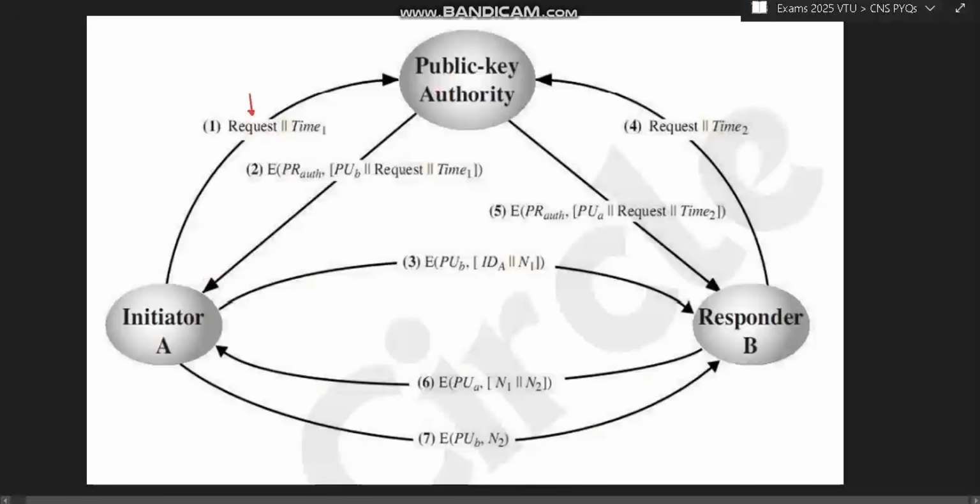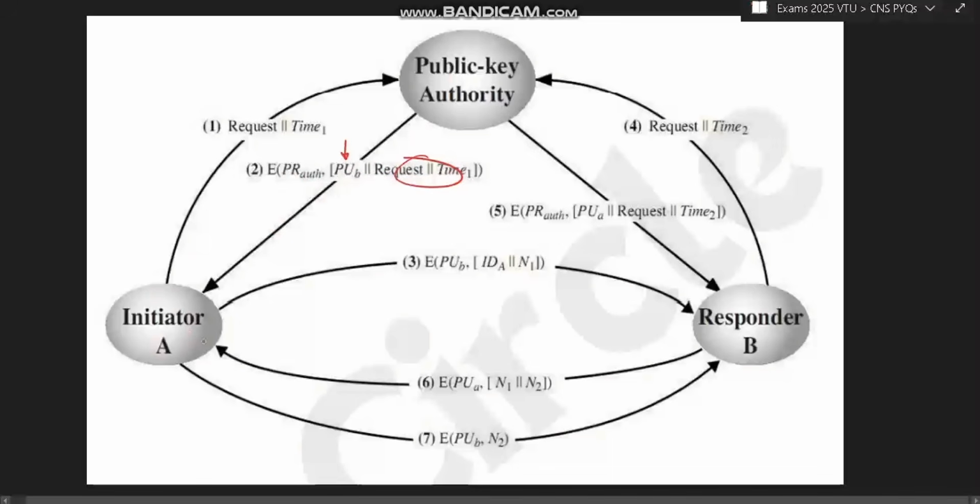So it is sending back the request for A to check whether that was the request sent by A. And the time is also sent to ensure that it is not a previous request which is getting answered now. The answer is locked with the private key of the authority. Now A will have the public key of the authority, so A will be able to unlock it, get this information and check using this. So A will finally get the public key of B.